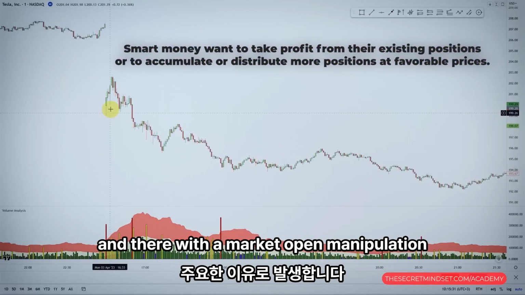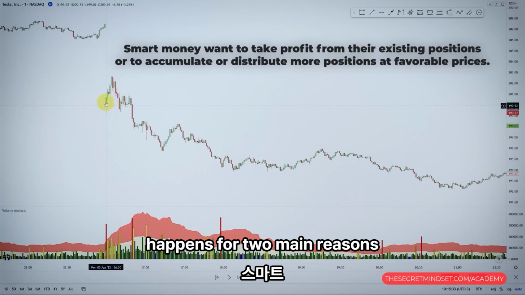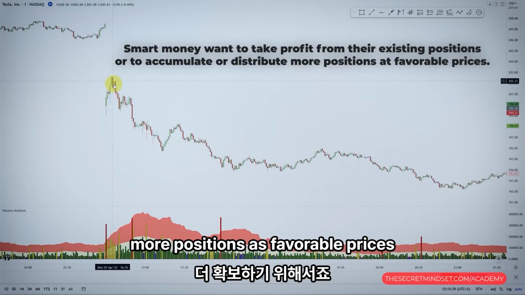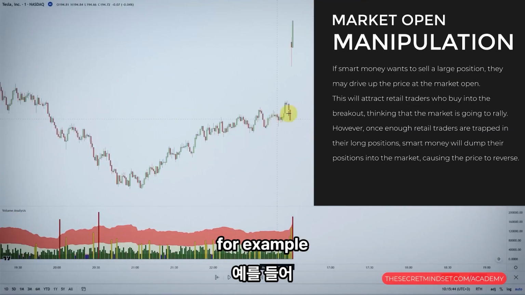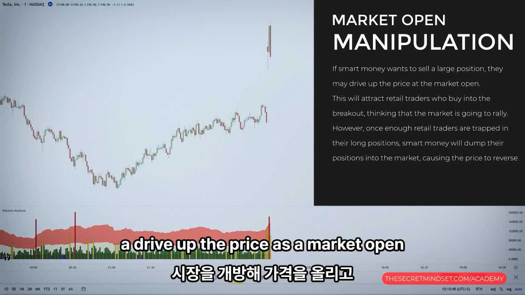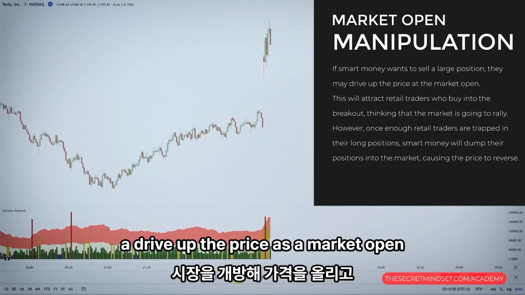Market open manipulation happens for two main reasons. Smart money want to take profit from their existing positions or to accumulate or distribute more positions at favorable prices. For example, if smart money wants to sell a large position, they may drive up the price at the market open.